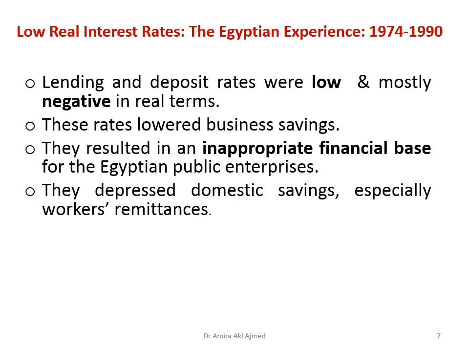A World Bank study concluded that a major factor in the financial difficulties experienced by Egyptian public enterprises was the inappropriate financial base caused by the high debt-to-equity ratios. High debt-to-equity ratios were consequences of making debt artificially cheap.